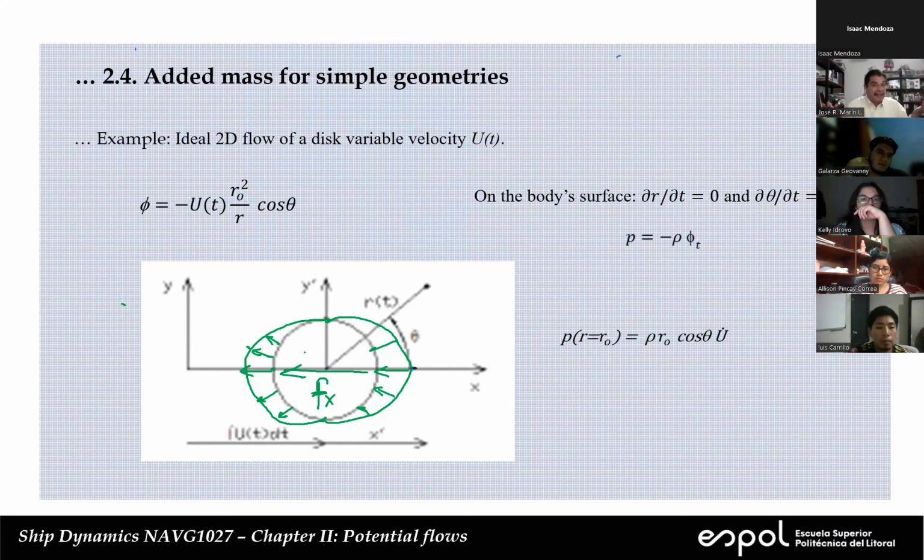And if we are working in ship dynamics, the ship is not moving like this. The ship is moving like this. So up, down, up, down. So you change in velocity. Acceleration, then you will have a net force, even if you consider that the fluid were ideal.